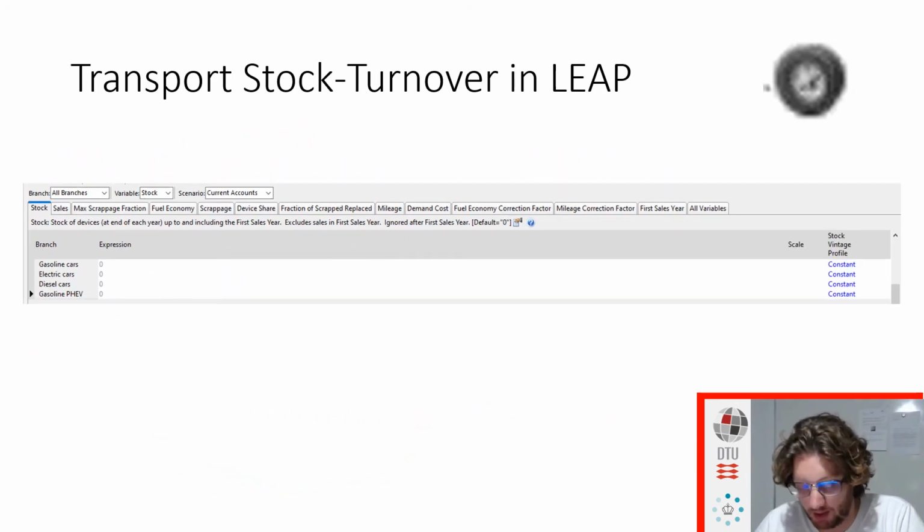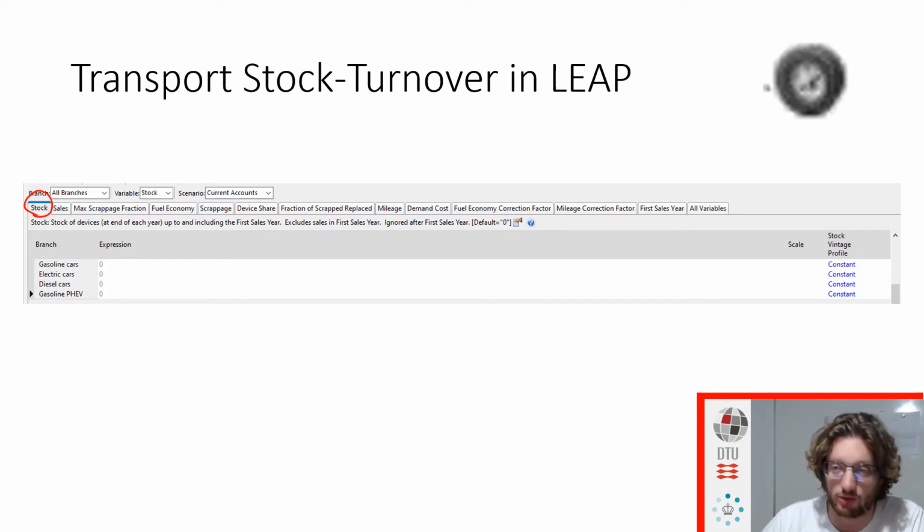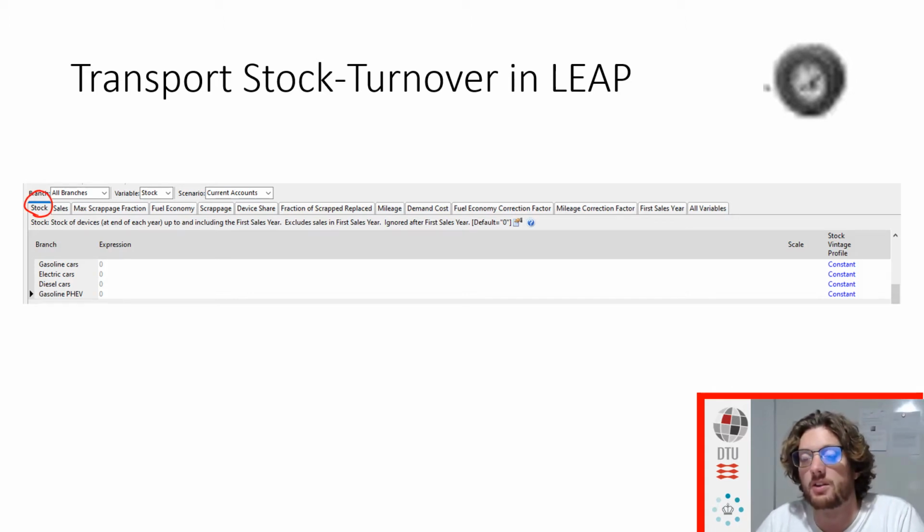Now, if you go over again, we can see, just like with the other stock-to-nova method, we have quite a lot of different parameters we can look at. So this is in current accounts, so we also have stock that only shows up in current accounts, but that is the stock of previous cars. And as you can see with stock, we do have a vintage profile, unsurprisingly.